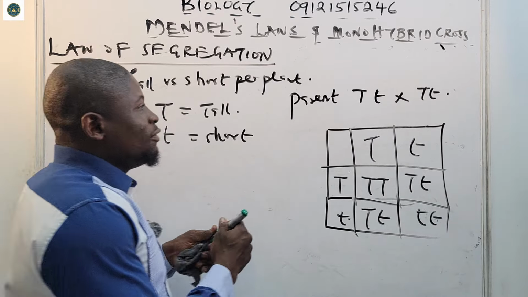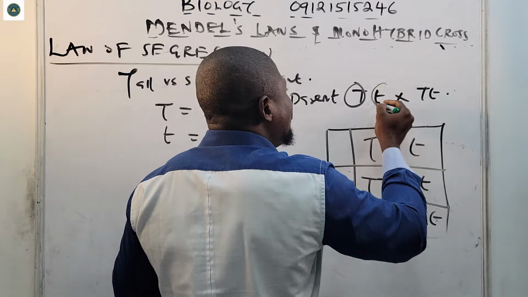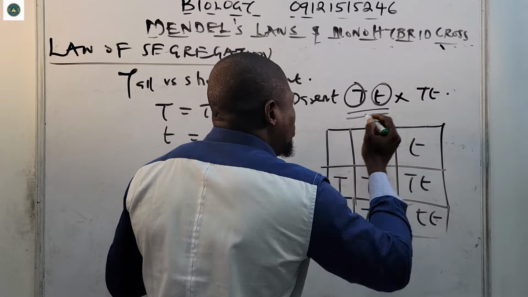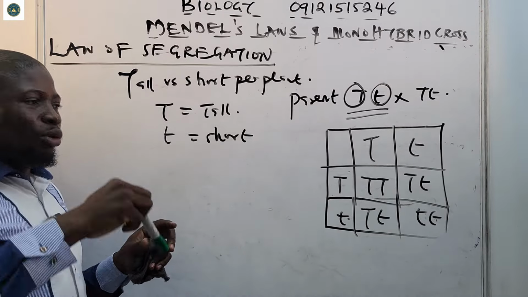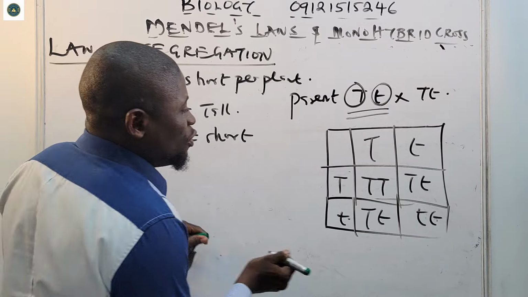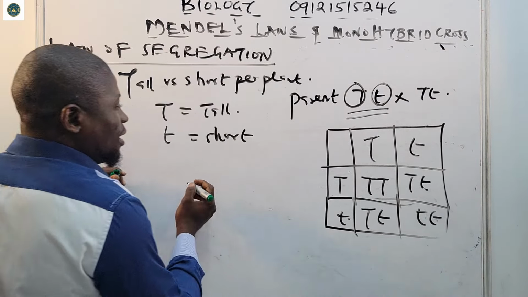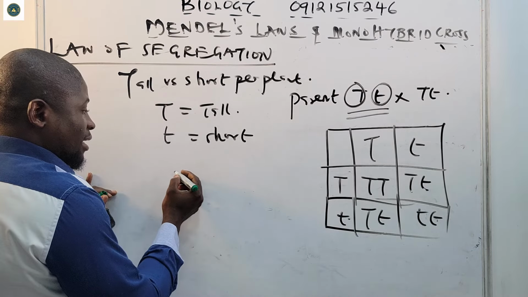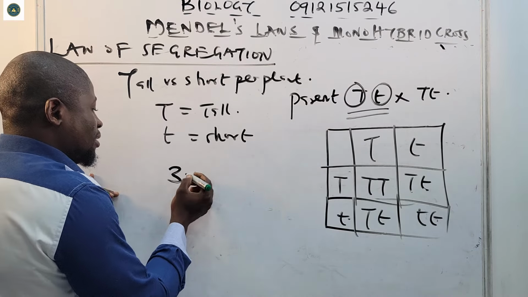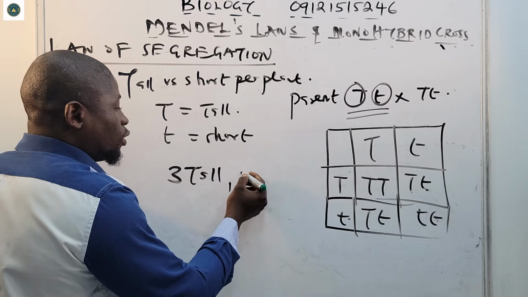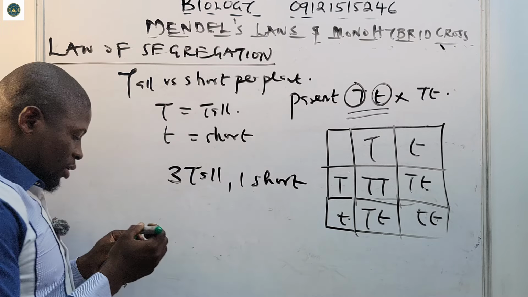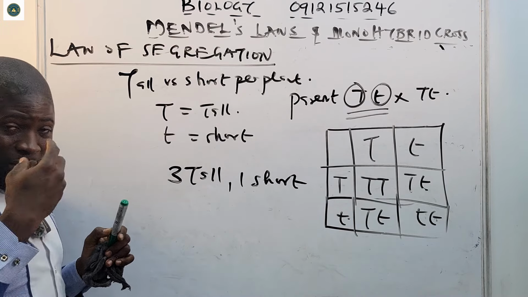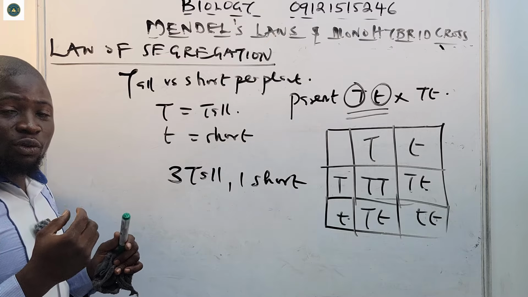Each parent will give this T or this t, but they cannot give both. So at the end, we observe 3 tall children and one short. At least this is what the phenotype is telling us.